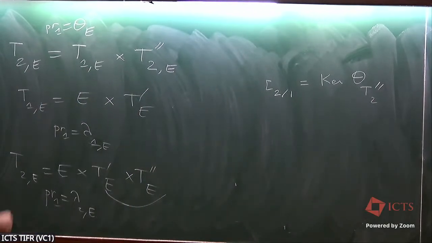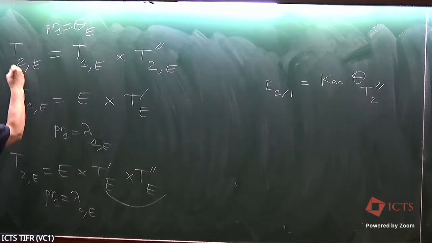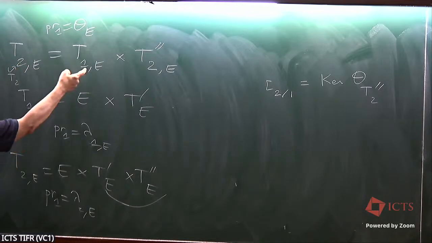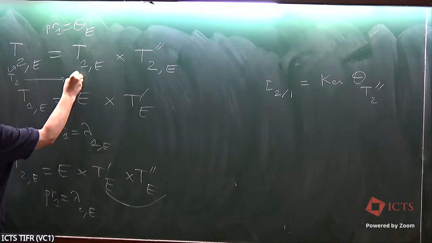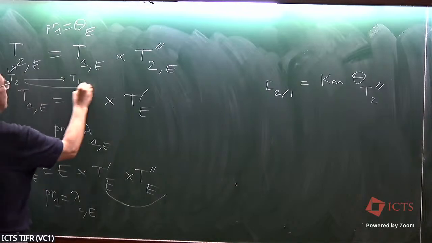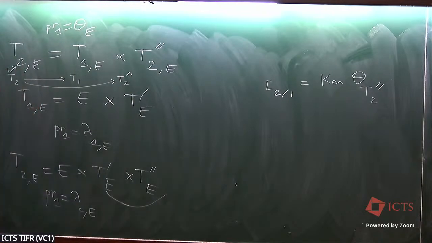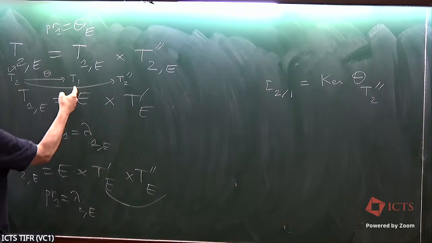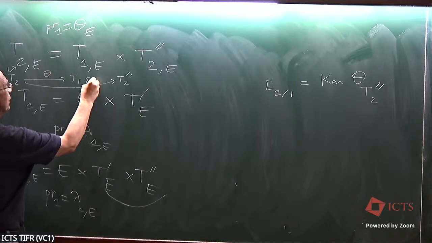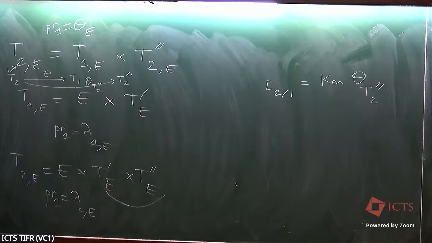Okay, you have T2, which is in here. It has projections. The first projection is T1, and there is another projection, and the image is called T double prime 2. So this first map is theta, and this second map is maybe theta T double prime 2.